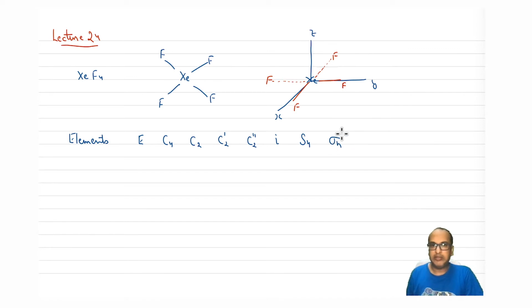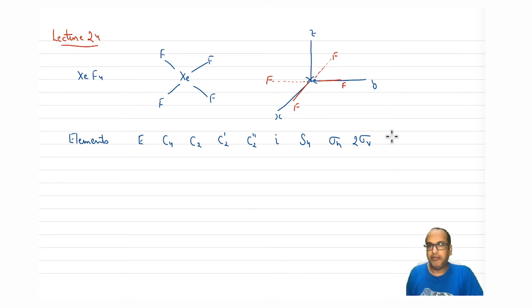Okay, then what else do we have? Sigma h is the molecular plane, which is lying in the XY plane. Then we have sigma v, and there will be two sigma v's, right, which will be lying along the XZ plane and the YZ plane.